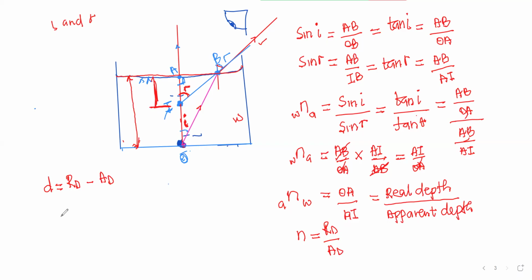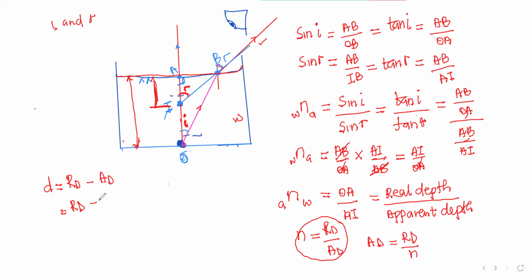We obtained a formula for displacement. What is the formula? D is real depth minus apparent depth. From the refractive index formula, please help me make apparent depth the subject. Anybody? So this AD is RD over N, so real depth over the refractive index.